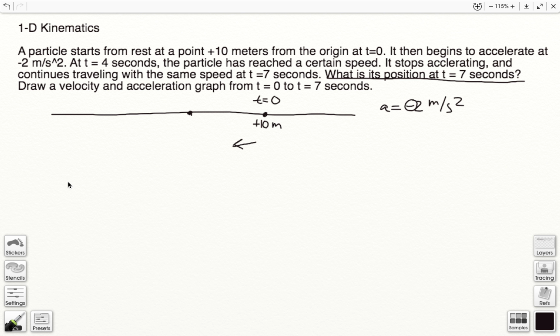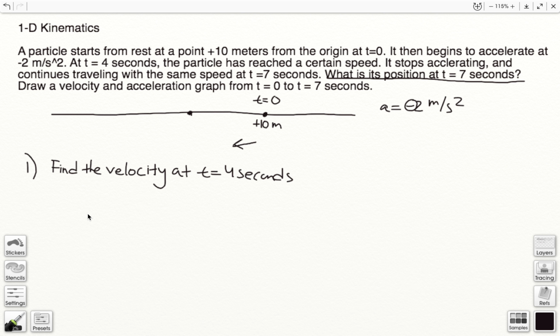Okay, so I'm going to break this problem up into two steps. The first step is to find the velocity at t equals 4 seconds and the displacement in that time.